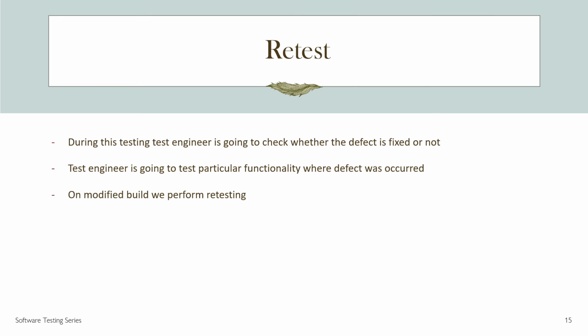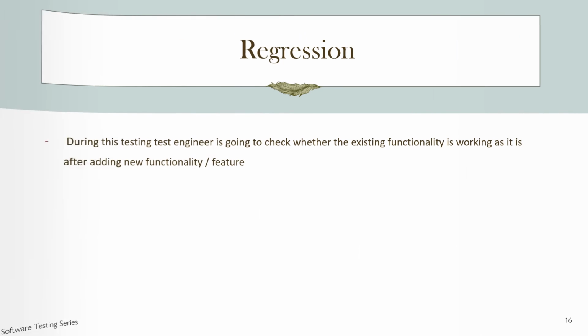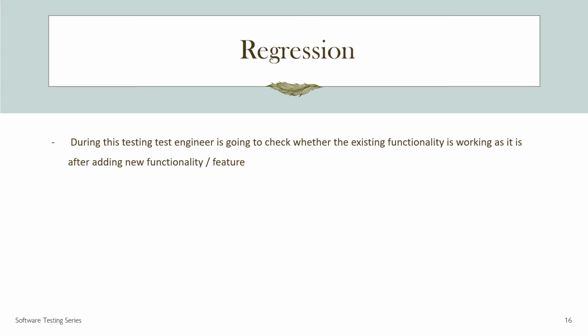Then we also perform regression testing. If the developer changes the code, we check whether there is any impact on the existing functionality of the application due to the code change. For that we perform regression testing.